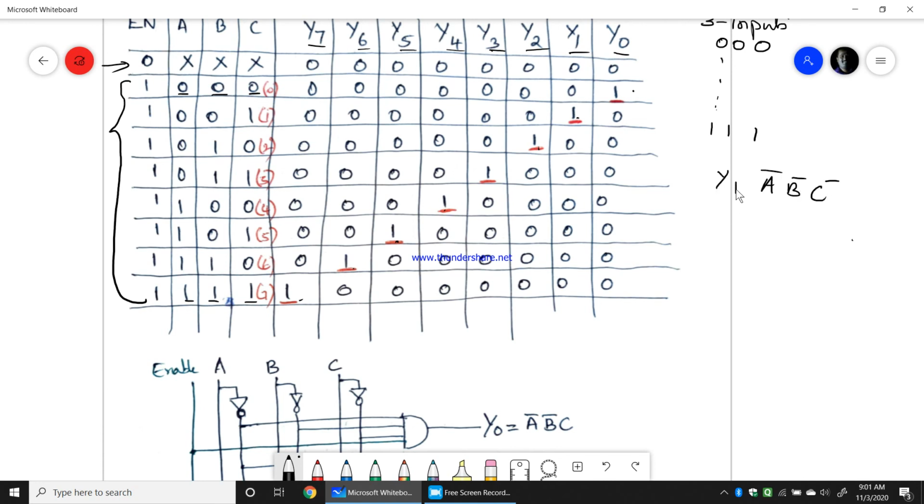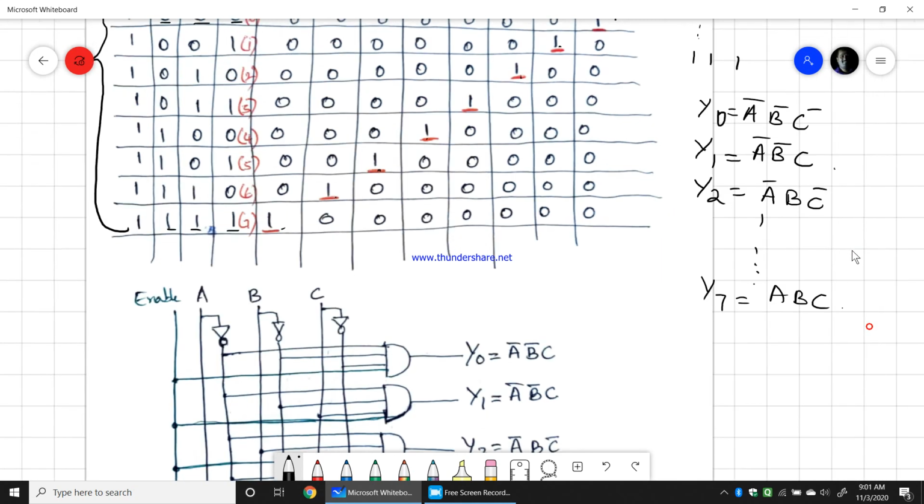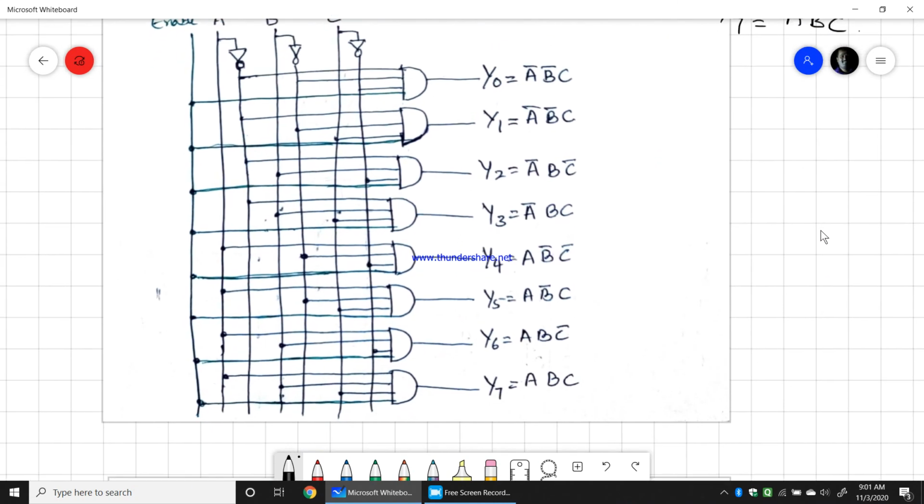Similarly y1 is 1 here, therefore it is A bar, B bar, C. y2 is 1 here where all others are 0, therefore A bar, B, C bar, and so on. If you write y7, I will get ABC. So that is the diagram which we need to write.